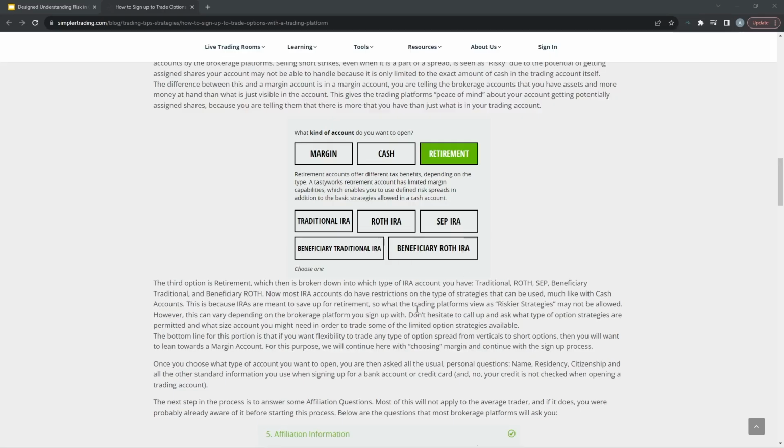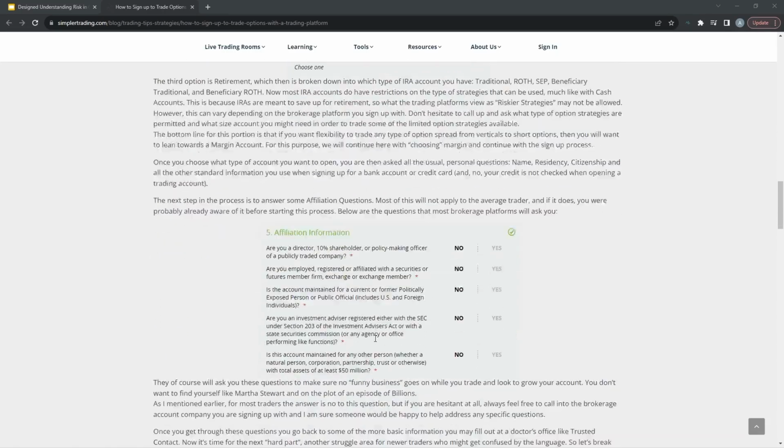Of course, there are a few more steps to opening a retirement account, which you can certainly look at. But once again, if you want the flexibility of trading spreads like verticals, or to short options, a margin account is what the majority of traders choose in order to take those option strategies.